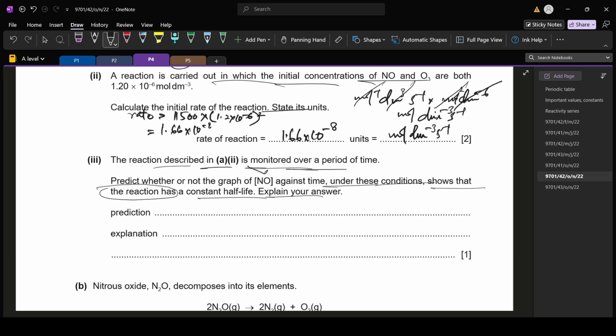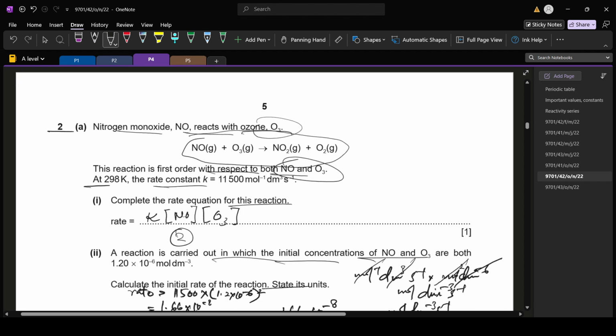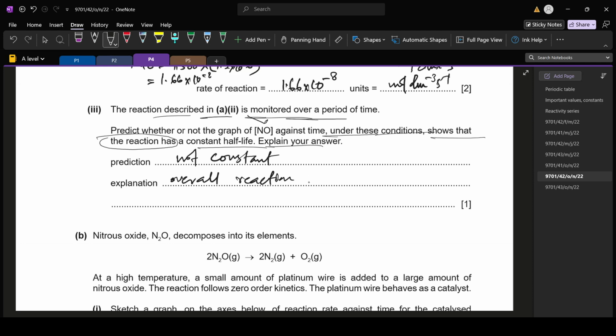For this reaction the overall order is second order, so you don't have to consider that here. So not constant, because the overall reaction is second order.